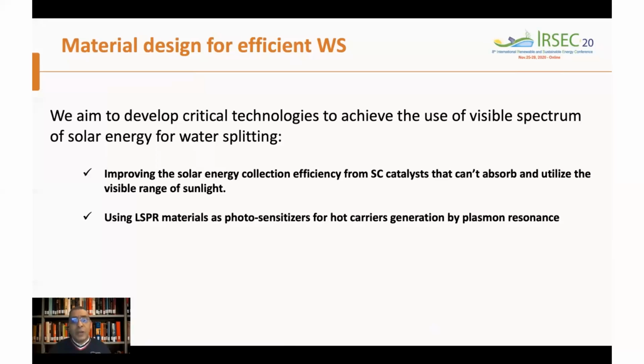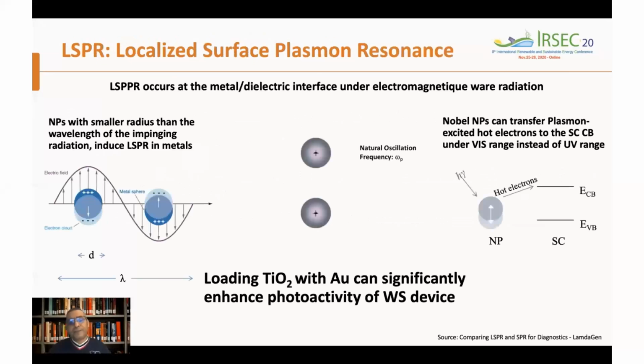At the same time, we have to load the semiconductor material with something like LSPR metals, localized surface plasmon resonance materials, as photosensitizers to generate hot electrons by plasmon resonance. And hopefully these hot electrons can be injected into the conduction band of the semiconductor, and then it will be used for continuous water splitting.